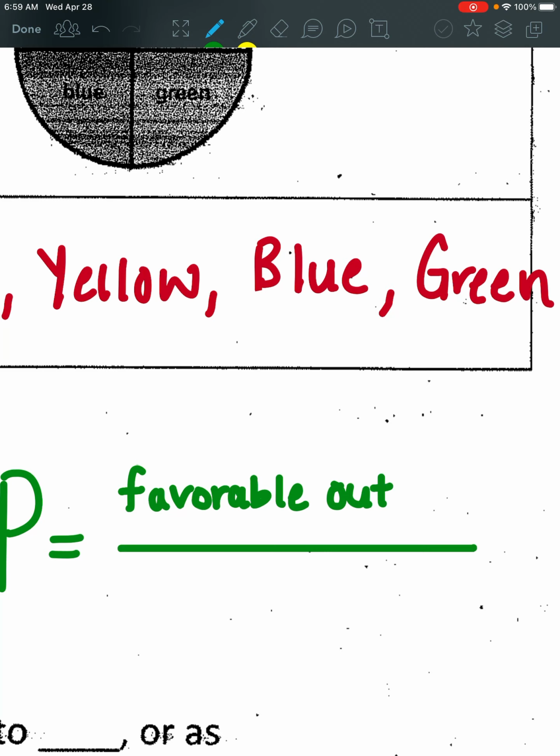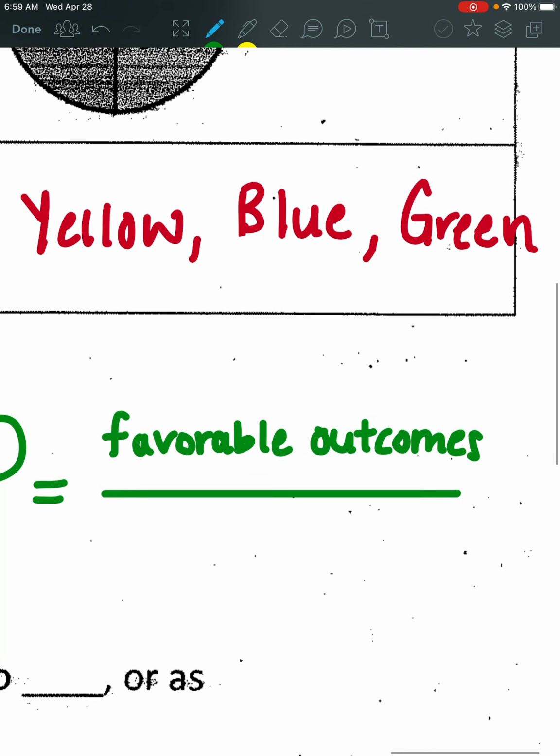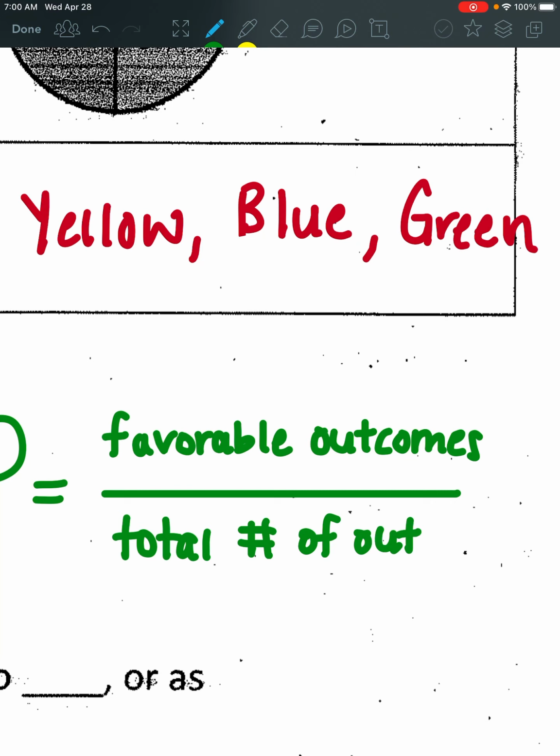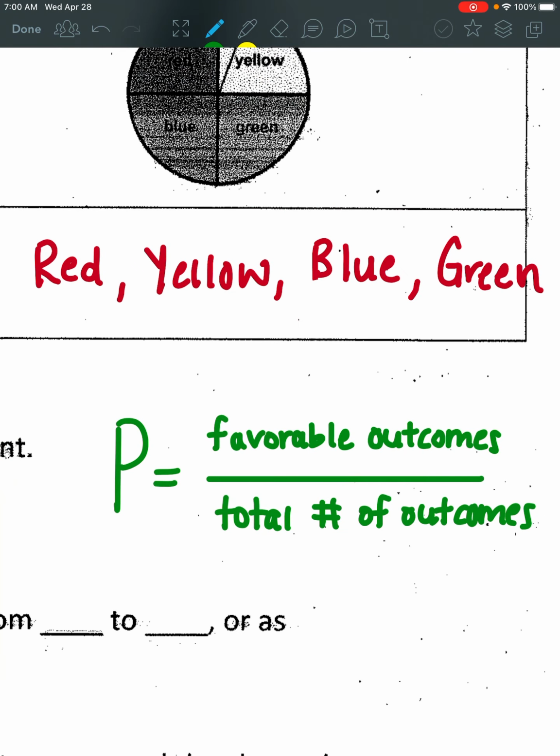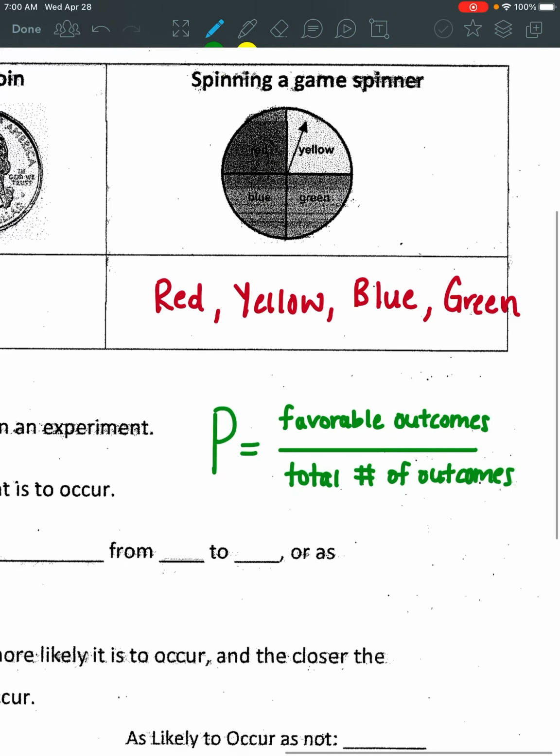So if I'm trying to find the probability of rolling a 1 or a 6 on that dice, how many 1s and 6s are on the dice? Well, there's 1 1 and 1 6, so there are 2 favorable outcomes. That would be the top number. And then the bottom number is the total number of outcomes. So when we roll that dice, we could get 1 through 6, so there are 6 total possible outcomes. That would be the bottom number, okay?